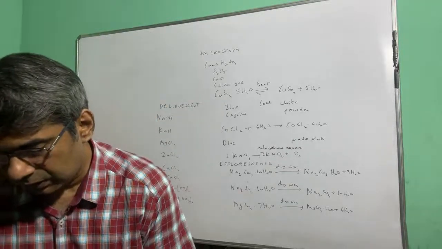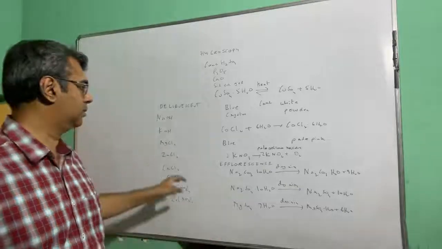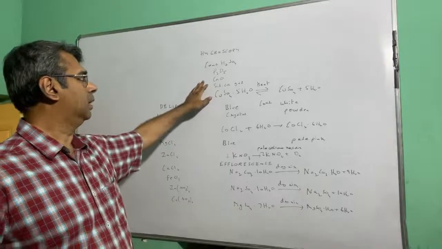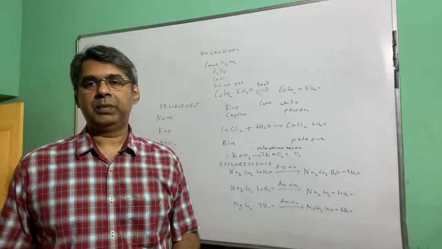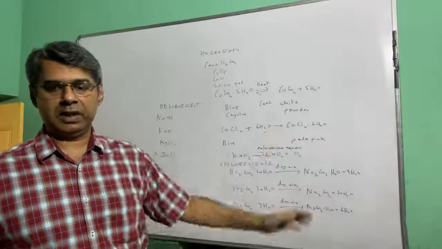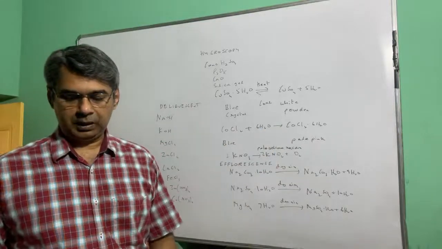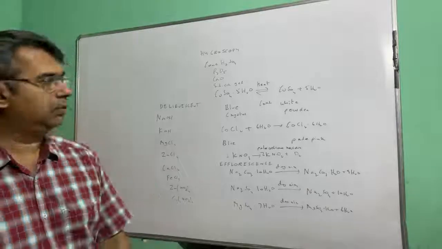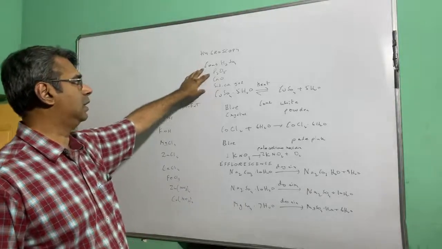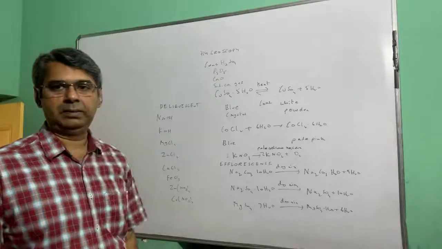Just like deliquescence, where the substances absorb moisture and dissolve. In hygroscopy, they will absorb moisture, but they will not dissolve in it. That is the difference between deliquescence and hygroscopy. So that is how we can separate deliquescence and hygroscopy.